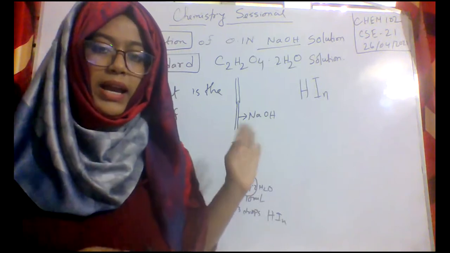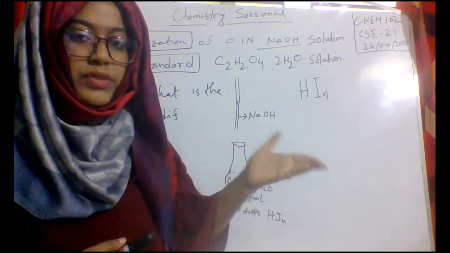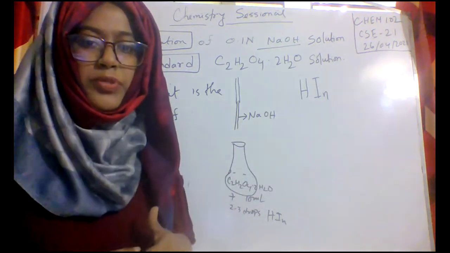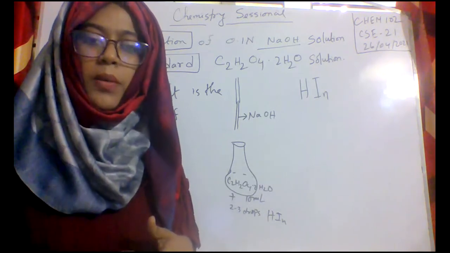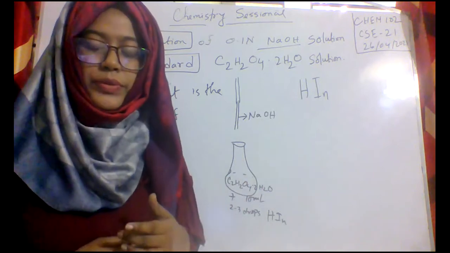So today I have given you lots of questions: difference between standardization, difference between titration and primary standard, secondary standard, and equivalent point, end point, and phenolphthalein, mechanism of phenolphthalein. All these questions are very, very important, and normality also.